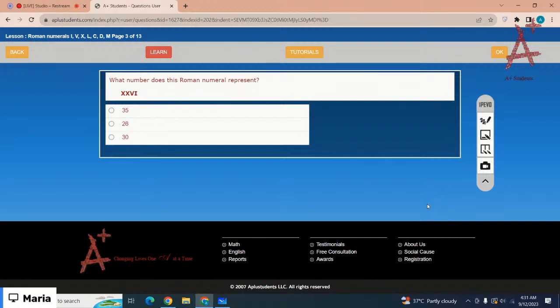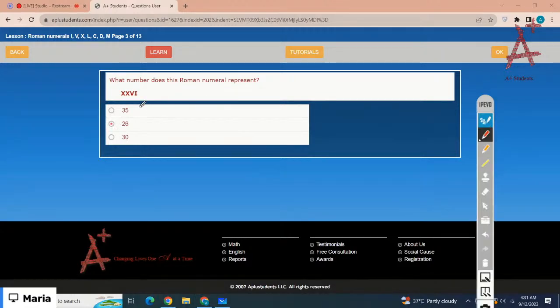Yes, you have to write 26. That is 26. Option number 2 is the correct option, right? Let's just see how. X and X, 10 plus 10 makes 20, right? V and I, you have an I on the right hand side. That means you have to add. So 20 plus 6 makes 26. So the correct option is 26, right?